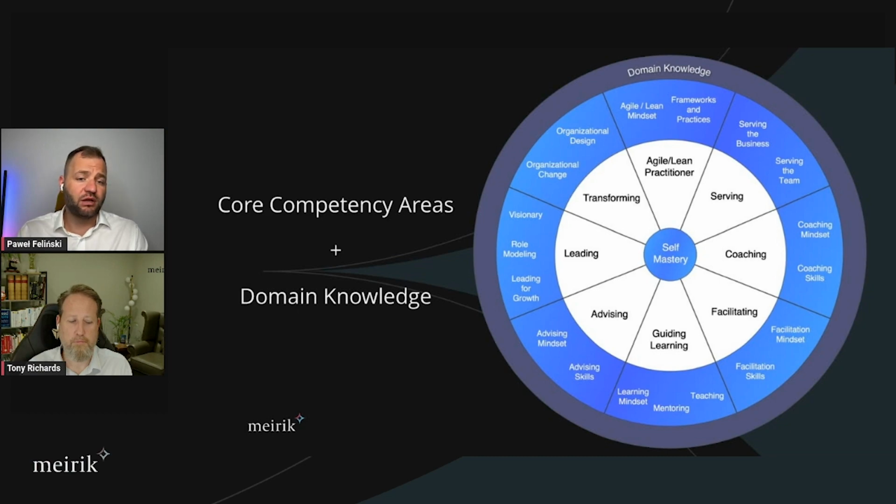So being a role model, that definitely is important here. I'm really happy, in a similar way to serving, that both serving and leading here are lifted to the level of independent competency areas, because I think both leading and serving used to be forgotten by many agile practitioners.